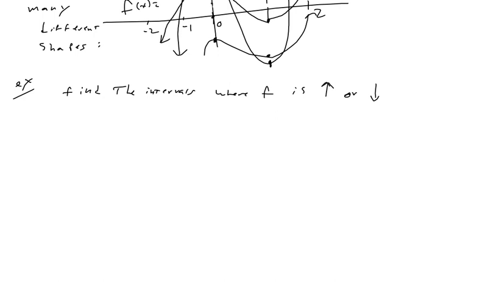Find the intervals where f of x is increasing or decreasing. So f of x is equal to this equation here: x squared minus 4 to the 2/3 power.